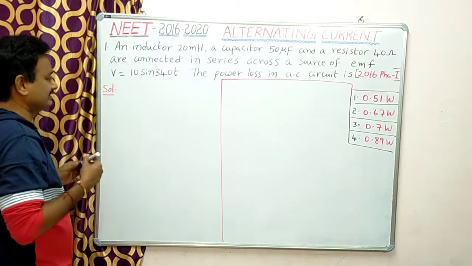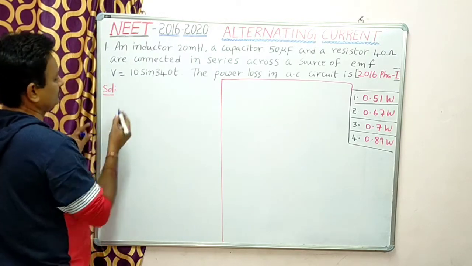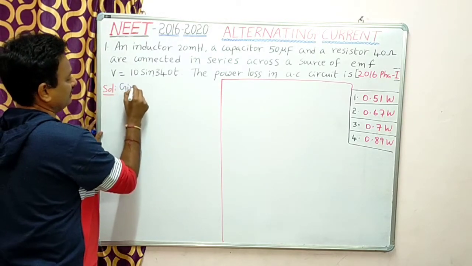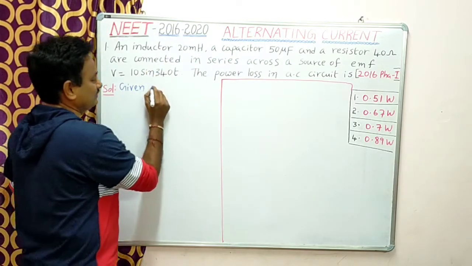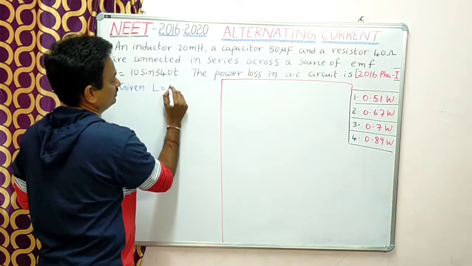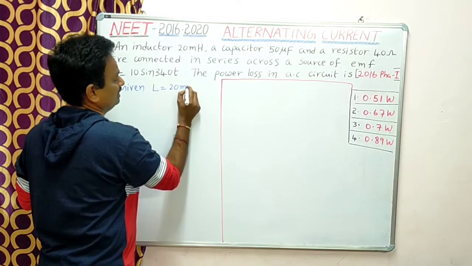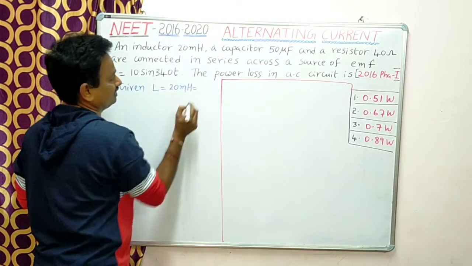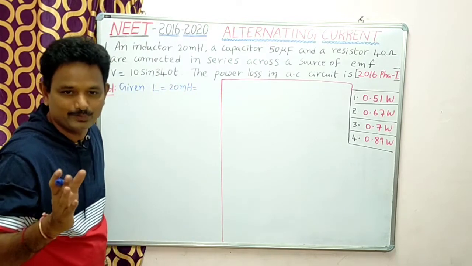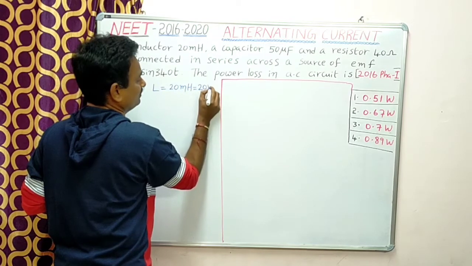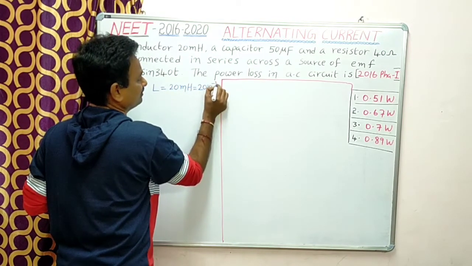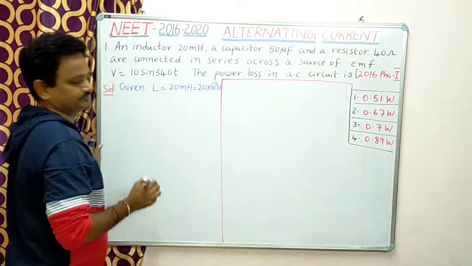Look at here. Given: inductor L is equal to 20 millihenry. Milli means 10 power minus 3, so 20 into 10 power minus 3 henry.